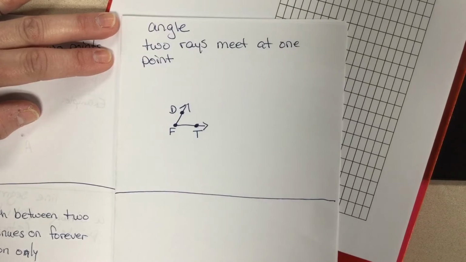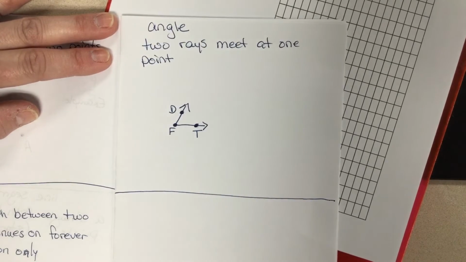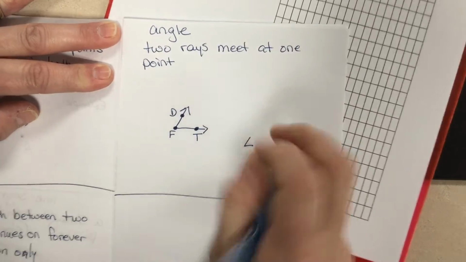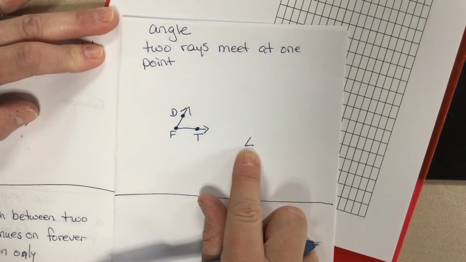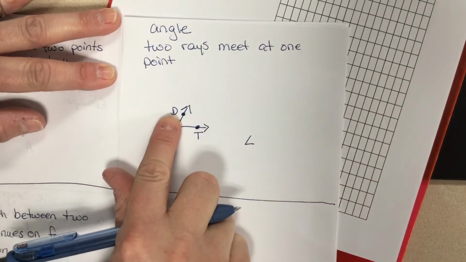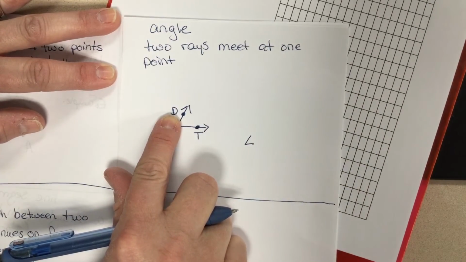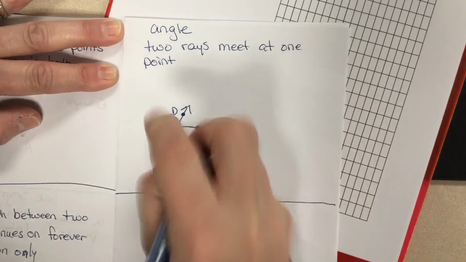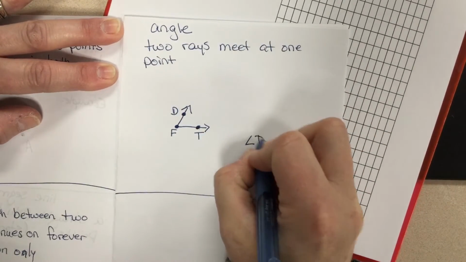Now, when you use your symbol to write this, you're going to make an angle, like a slanted L. And you're going to start with one of the outer points, but that F has to be in the middle. So this is angle DFT.